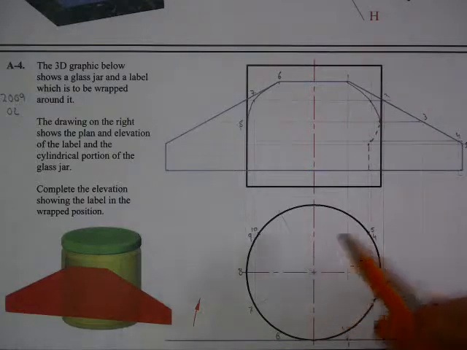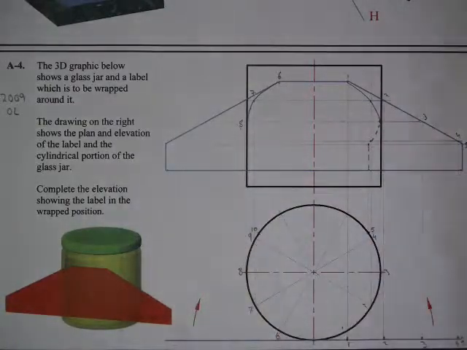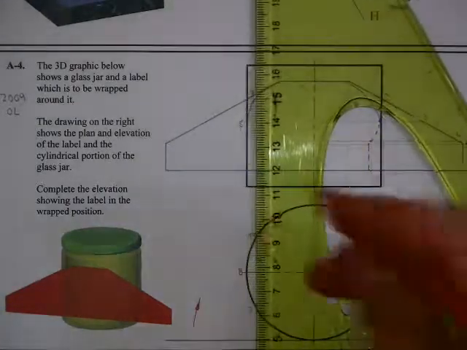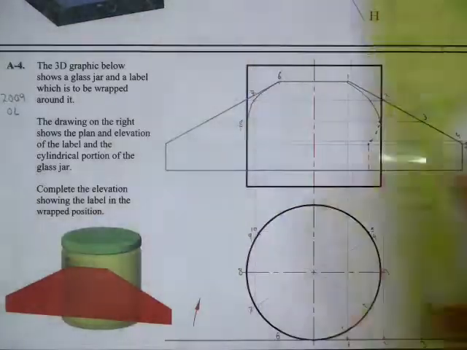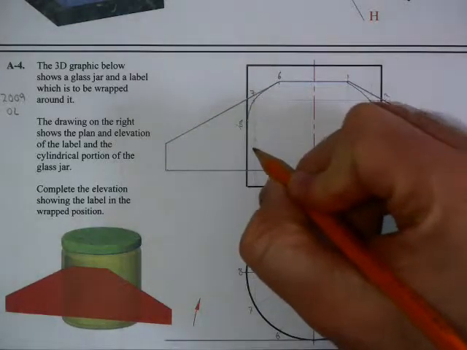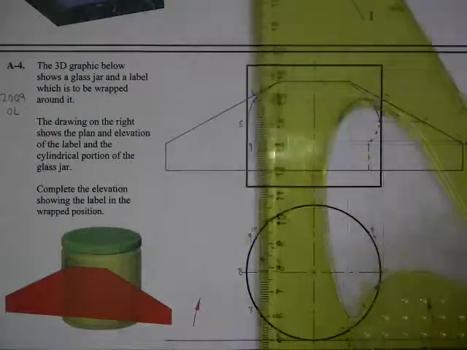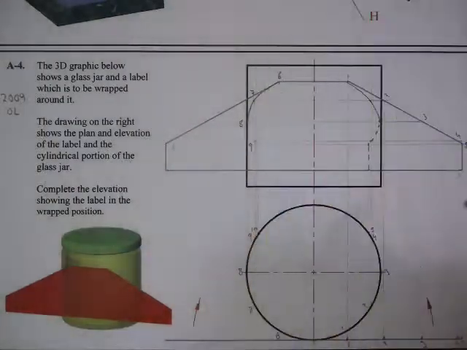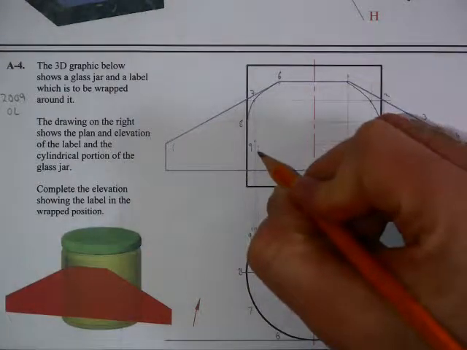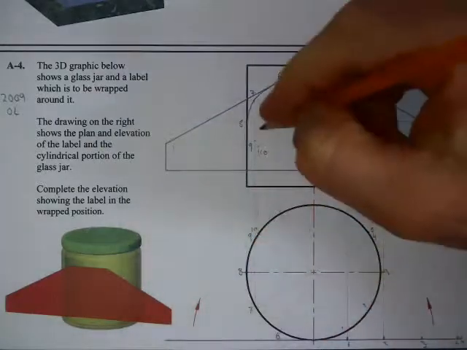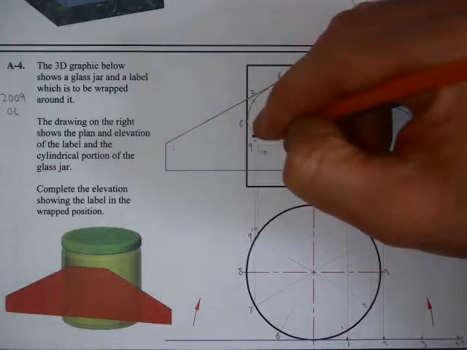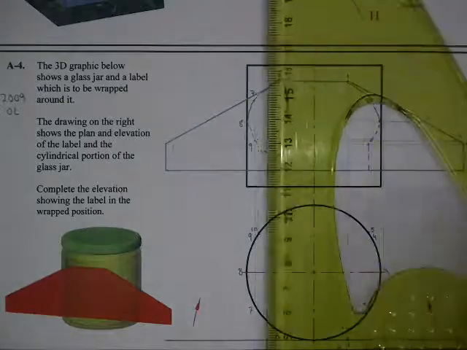Then what we'll do is we'll get a 9 underneath. 9 is the same height as 4. So 9 goes up there and across from 4. And then finally 10 will be the same height as 5 here. Right? And that's dotted there then. And dotted straight down.